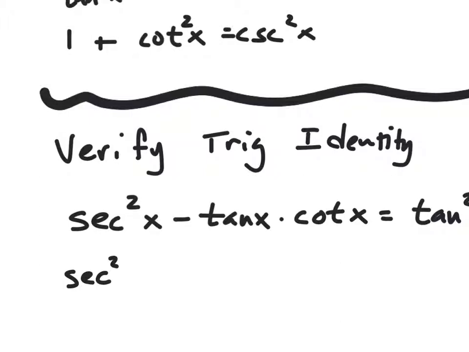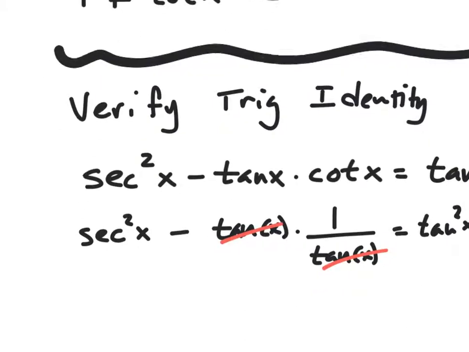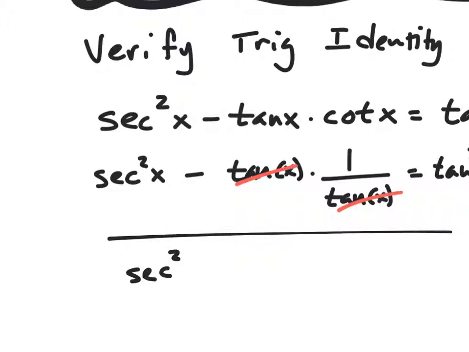So secant squared of x minus tangent of x times 1 over tangent of x is equal to tangent squared x, okay? Now, the other thing that I can realize here is that the tangents divide out. So then we're simply just left with secant squared x minus 1 is equal to tangent squared x.